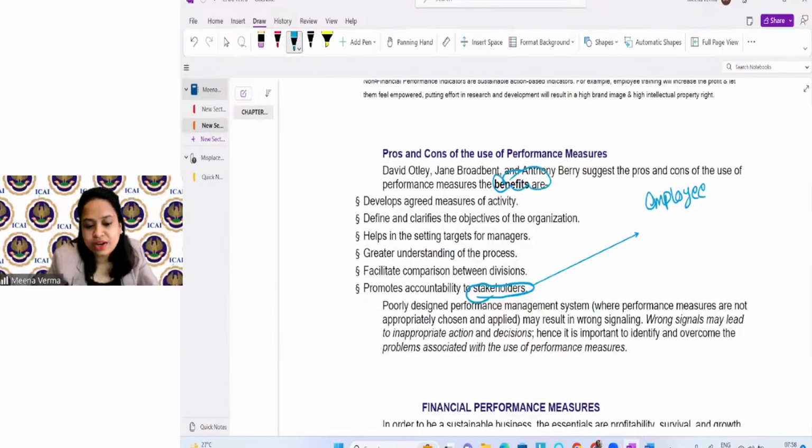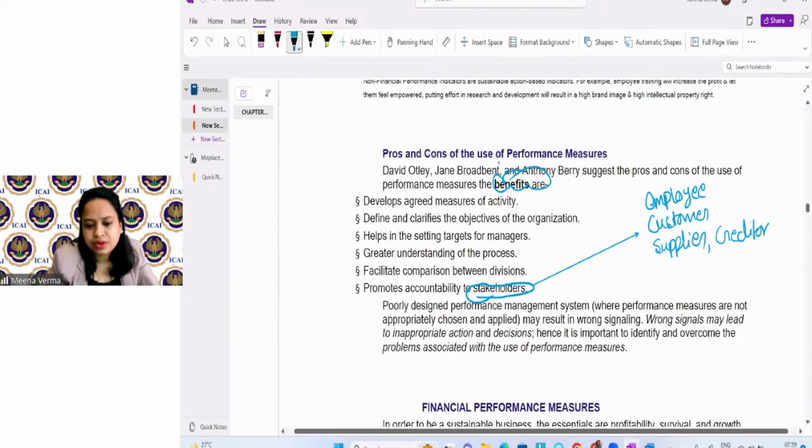We are accountable toward customers. We are accountable toward suppliers. We are accountable toward creditors, debtors, lenders, the general public.